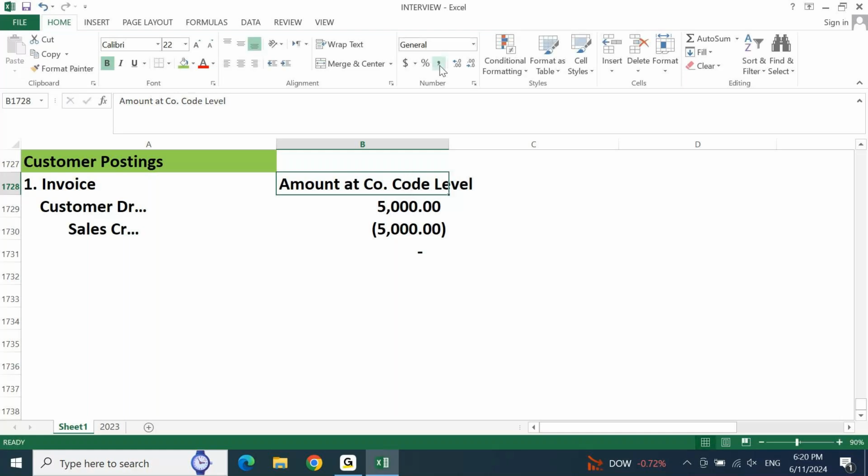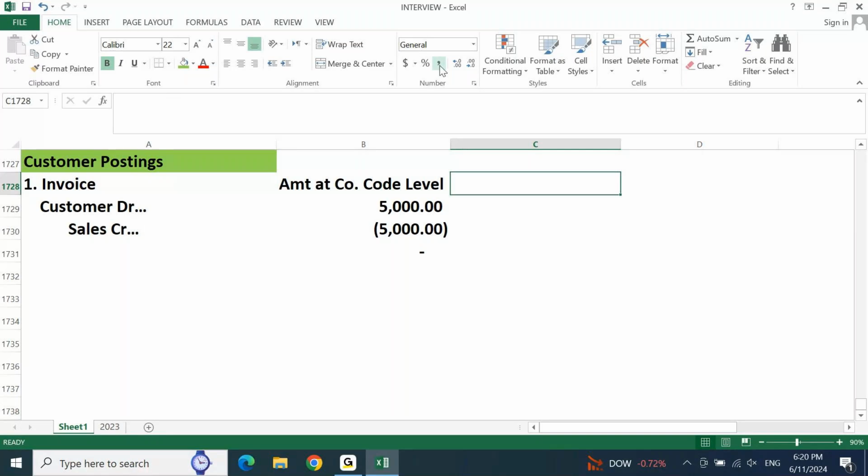Along with amount at company code level, you need to make sure amount at profit center level also is updated. I'll simply put amount. The next thing, you should also put amount at profit center level.